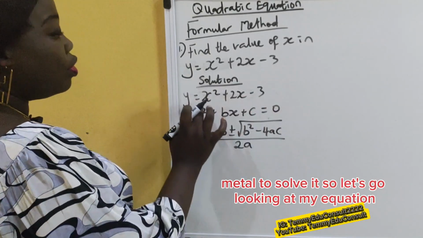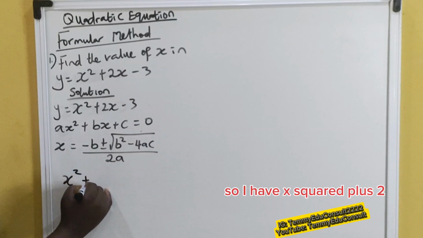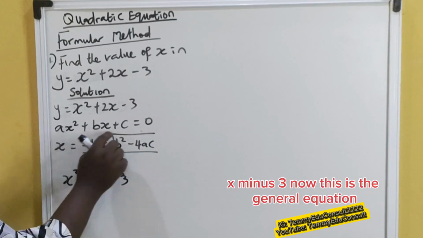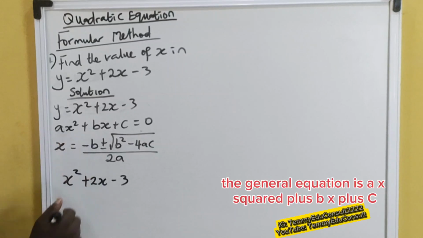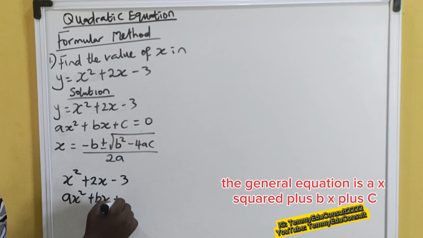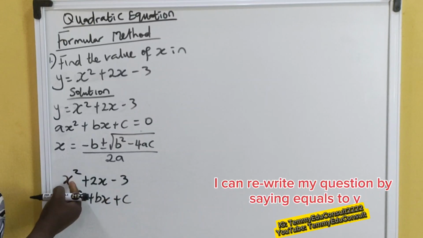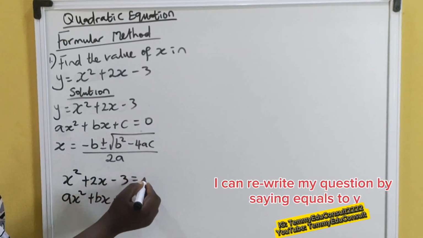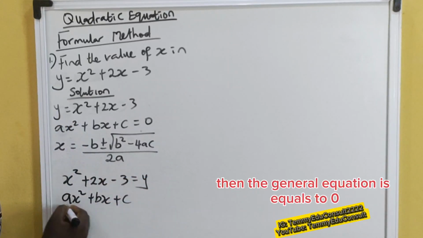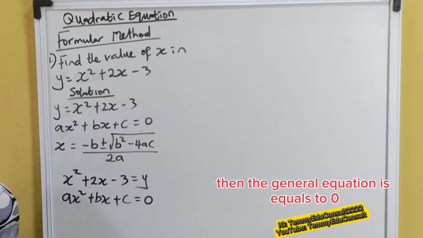Looking at my equation, I have x squared plus 2x minus 3. Now this is the general equation. The general equation is ax squared plus bx plus c. I can write my question by saying equals to y, then the general equation is equals to 0.